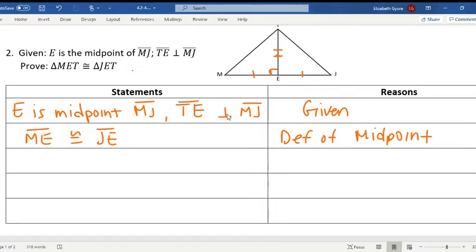Now, anyone have any ideas of where I could go with my perpendicular lines? There's more than one good option. We're going to do it the shorter way, but what do you guys think we could do? Perpendicular lines are something that threw us a little bit on our chapter 2 test. Does anyone know what theorem or corollary you could say for a good reason?